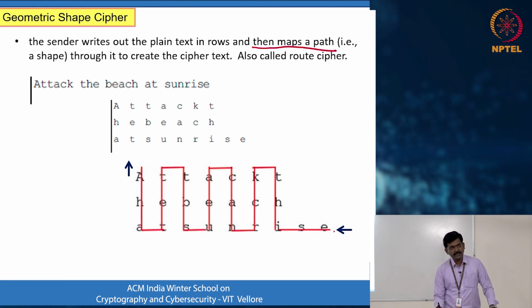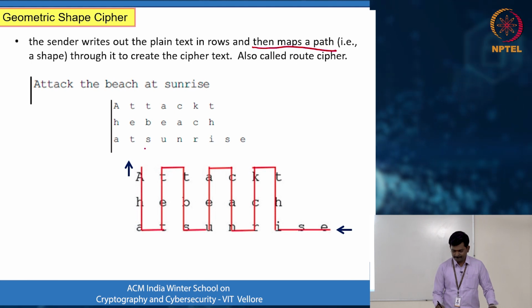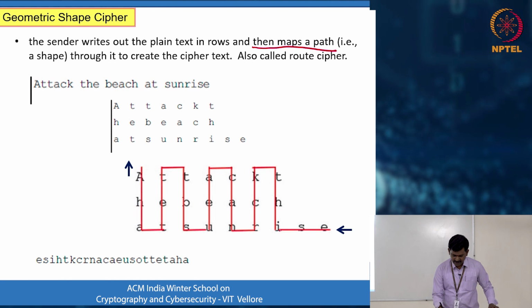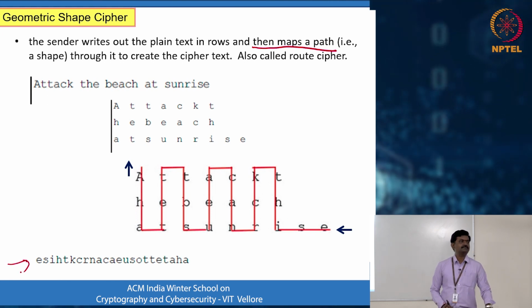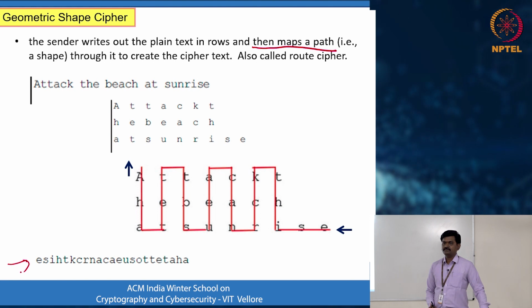So I started from here, goes this way. So then what is the cipher text you get? ESIHT, right? Are you able to follow?